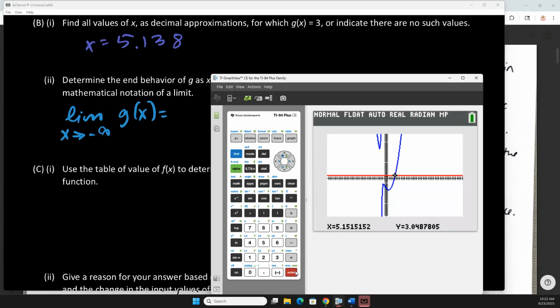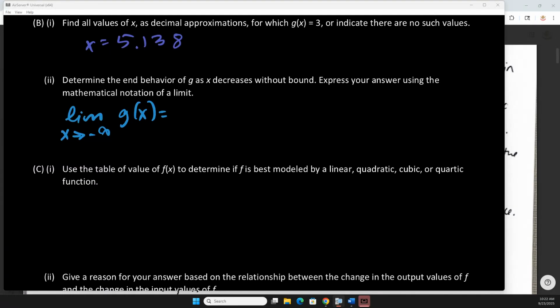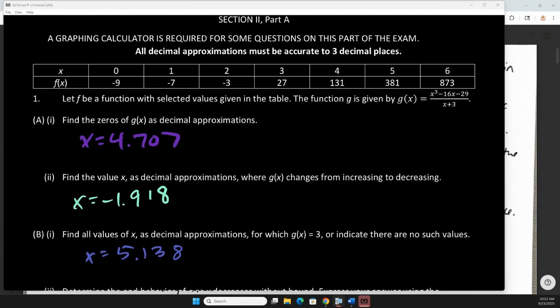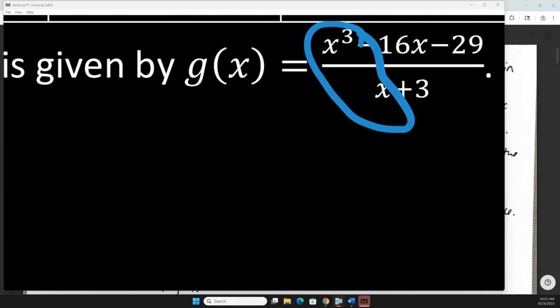So what I recommend, zoom out maybe will work. Zoom out sometimes isn't great. But what always will work is if you remember this rule about the end behavior, when there's no horizontal asymptote, if you divide the leading term, so you divide x cubed by x, what do you get? X squared.